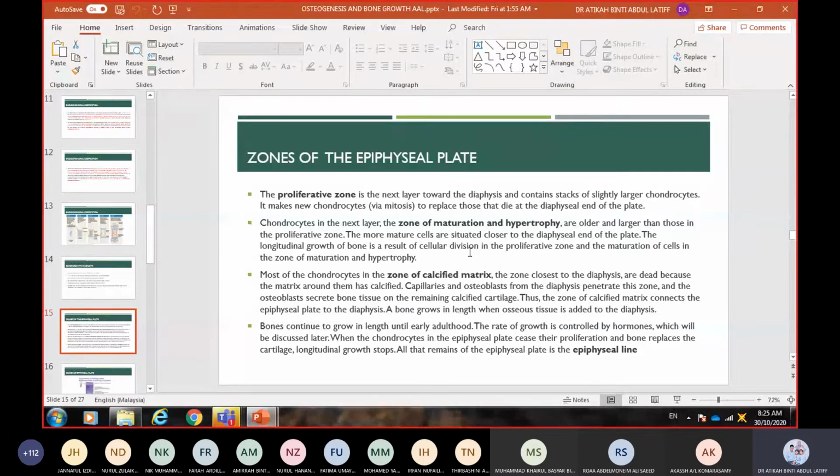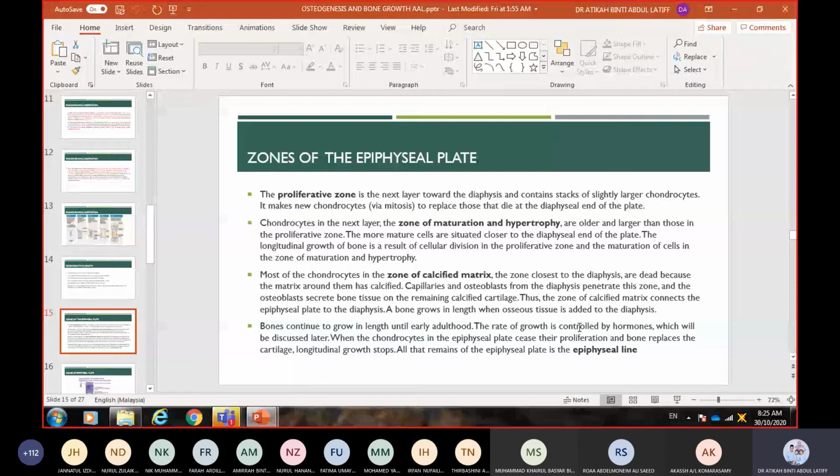Okay, so once they are matured, they become calcified. Okay, because the capillaries and osteoblasts from the diaphysis penetrate this zone, and the osteoblasts secrete bone tissue on the remaining calcified cartilage. Thus, the zone of calcified matrix connects the epiphyseal plate to the diaphysis, and bone grows in length when osseous tissue is added to the diaphysis.